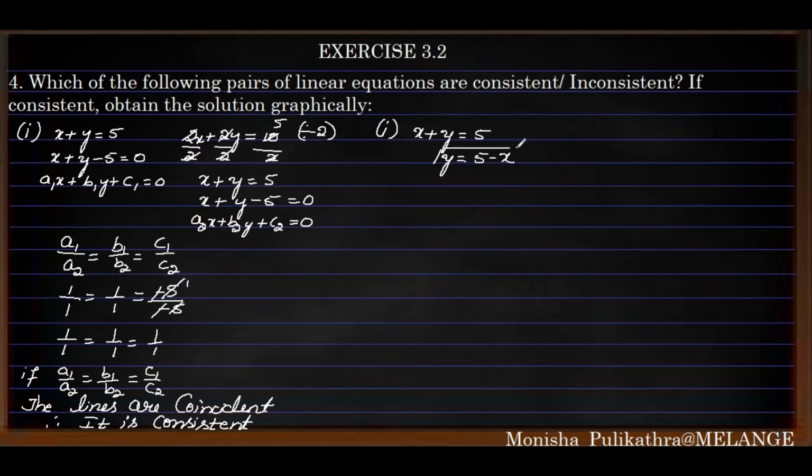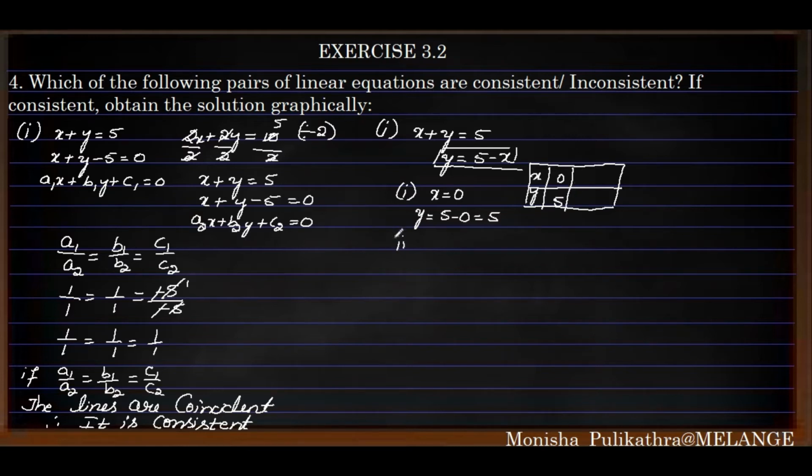This will be the new equation. The first point I am going to take is x is equal to 0. If x is equal to 0, then y is equal to 5 minus 0, that is 5. We need to draw a table in order to put the points. So when x is equal to 0, y is 5.